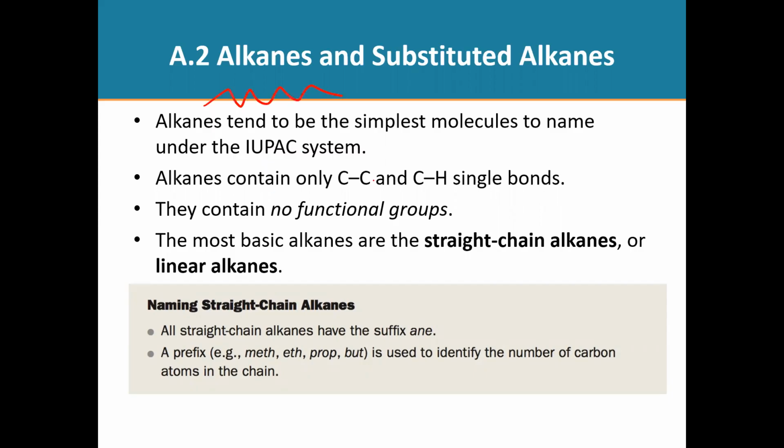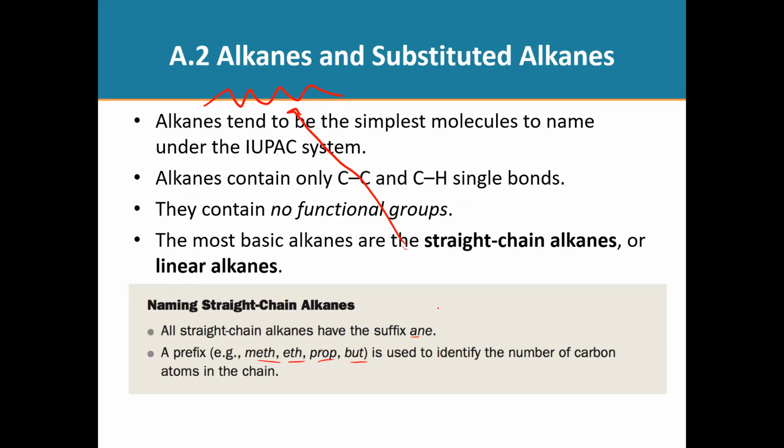Alkanes contain only carbon-carbon and carbon-hydrogen single bonds. They contain no functional groups. The most basic alkanes are the straight chain, or linear alkanes. You can see how I drew my little straight chain alkane up there. All straight chain alkanes have the suffix -ane and the prefix meth, eth, prop, but, and we're going to go over that on the next slide.